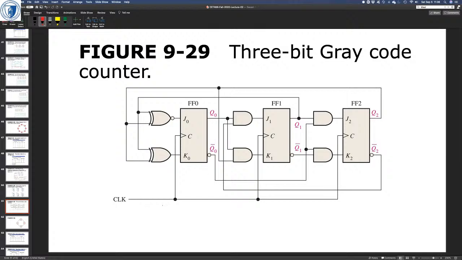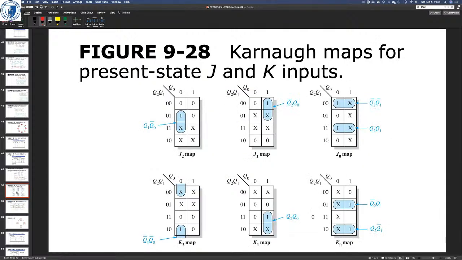It's got the AND gates feeding into some of the bits, right? But then there was a bit of logic there. Let's go back a slide.